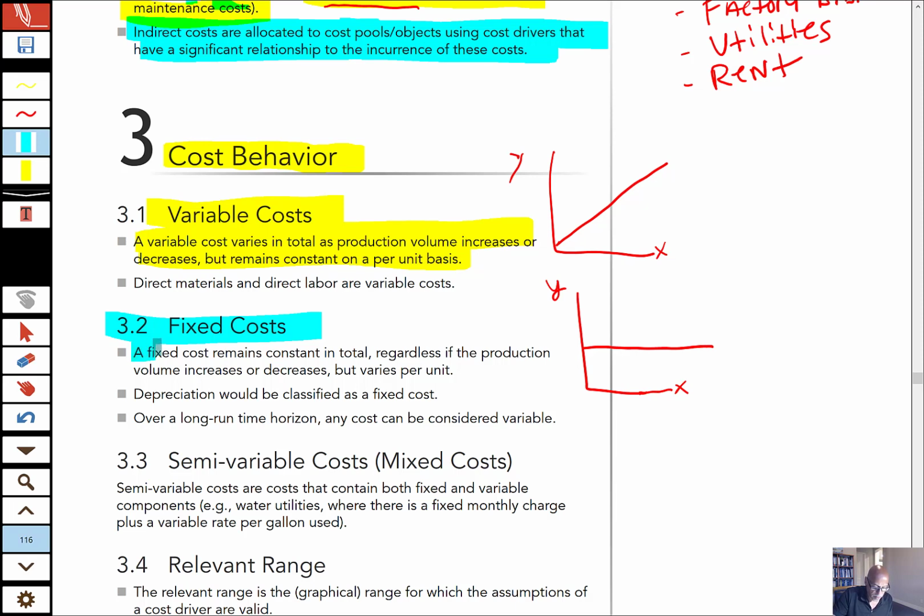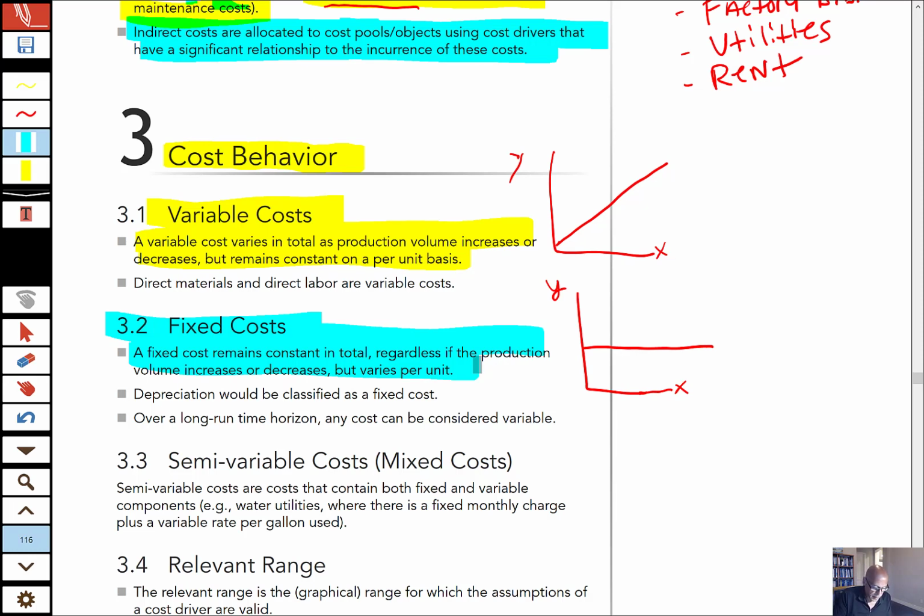A fixed cost remains constant in total regardless of units, but then will increase or decrease as we produce more or less units on a per unit basis. So they're sort of mirror images of each other, and you need to make sure you're comfortable with that, because that's something they like to trick you with on the exam.